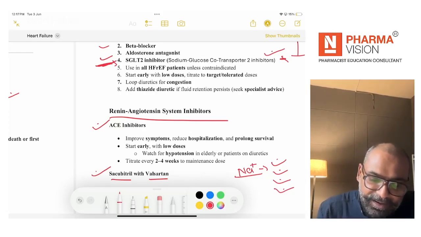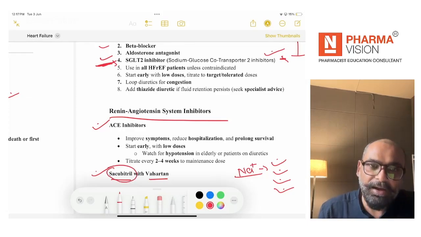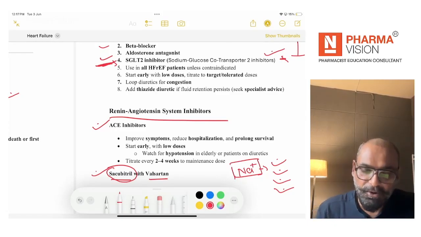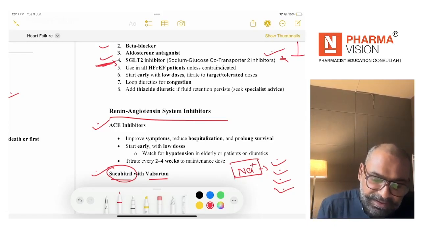So this increases the natriuretic peptides. Those peptides are useful and reduce the sodium concentration in the body. Okay, so this is an important combination.